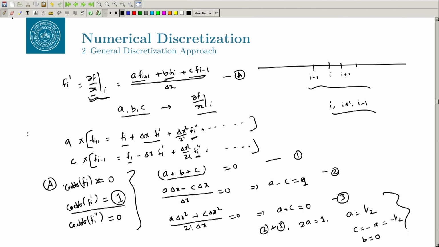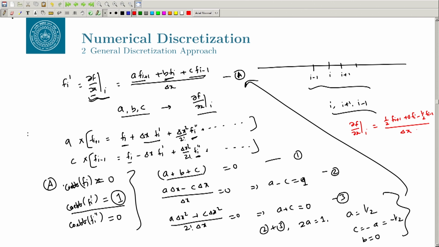Now, let us put all these things here in this equation A, right. So, final equation will be del f by del x at I is equal to 1 by 2 Fi plus 1 plus 0 Fi minus 1 by 2 Fi minus 1 by delta x, right.